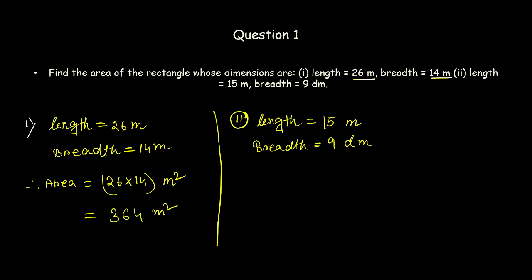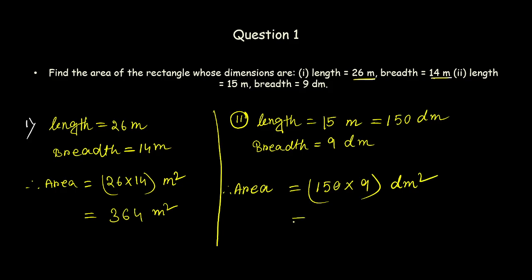So we can convert meter into decimeter, that is 150 decimeter. Now we can easily calculate the area. Therefore area equals 150 into 9 dm square. So 150 into 9 is 1350 dm square. Okay.